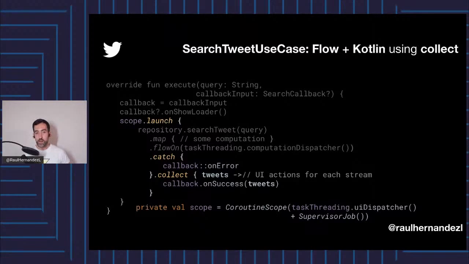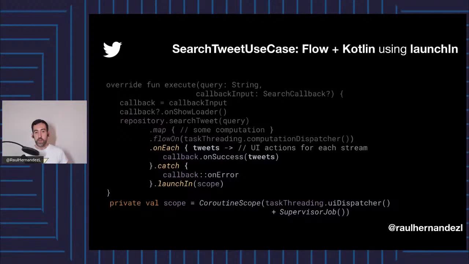If we need to do anything else, that's another thing we need to do in the other layers. But for this case, the callback is going to pass to the UI the on error with the different states of the problem, and then we're going to collect the right results from here. So we'll get the tweets. I'm going to pass the tweets with the callback on success right there.